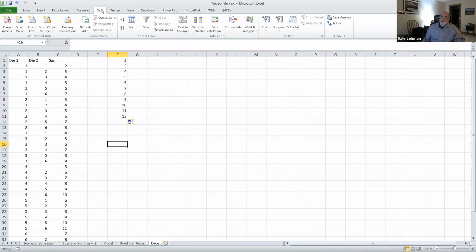If you go into the Data tab to Data Analysis, and if on your computer you don't see Data Analysis and Solver, they are there, they're installed with Excel, but they're not automatically activated. For some reason, Microsoft has done this ever since the very first version of Excel. They have a lot of statistical tools built into Excel that you don't see unless you know to look for them.